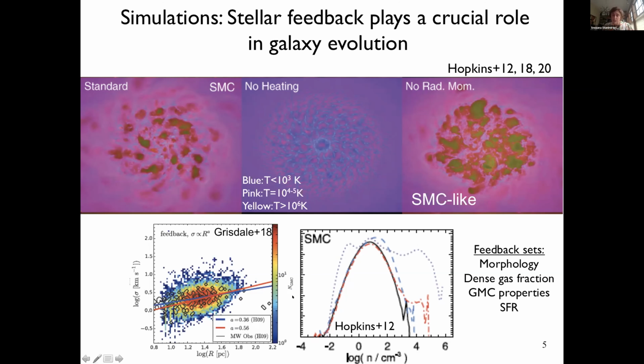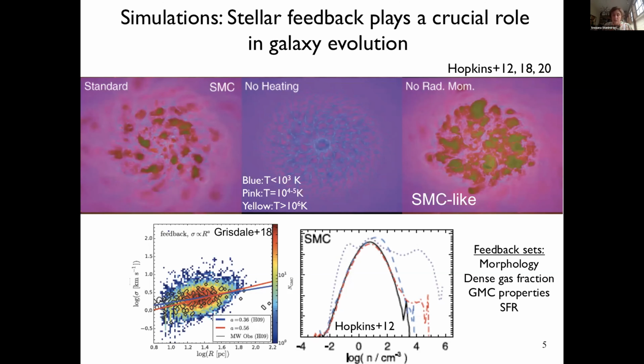Furthermore, when simulations look at galaxies with or without stellar feedback, if they don't include stellar feedback and if they try to plot essentially a histogram of gas density that's shown on the bottom panel, they get this dotted line, which is telling us that without stellar feedback, simulated galaxies have way too much dense gas, and that leads to a runaway star formation and produces galaxies with a huge star formation rate and things we do not observe in real galaxies.